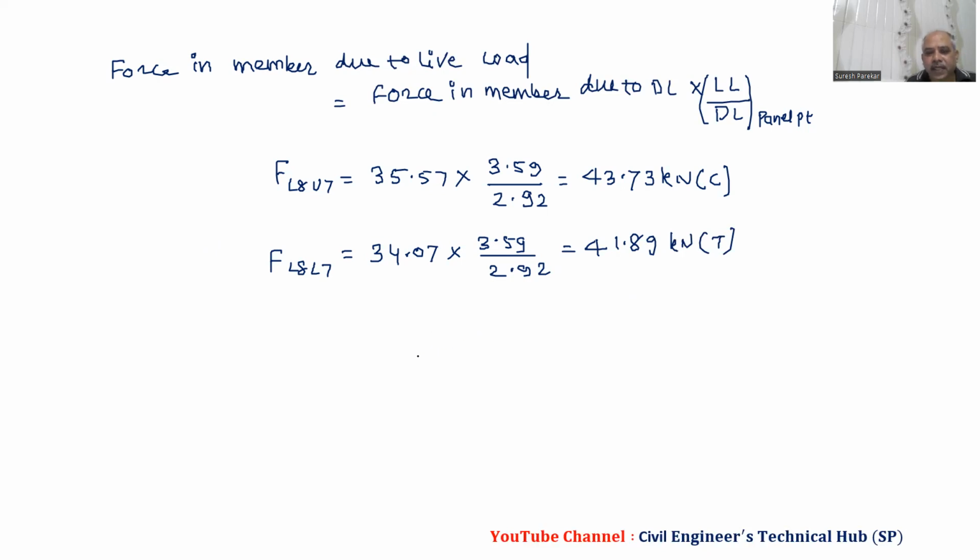So we have values in this fashion due to dead load and due to live load, and FU7L7 is equal to 0.